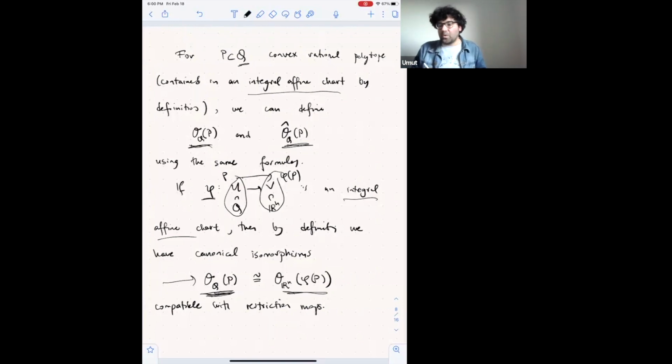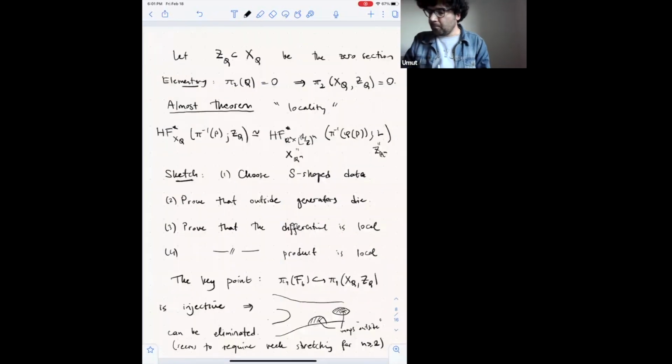So this is automatically local, and the same with completions. And these are also compatible with restriction maps, as long as everything is contained in the chart, as long as this equation makes sense.